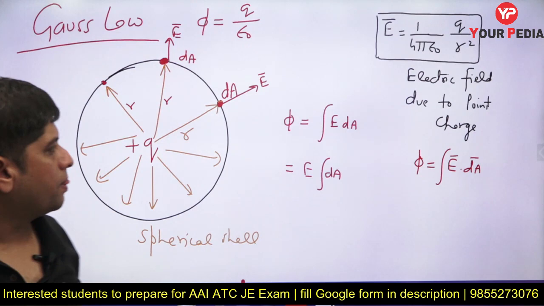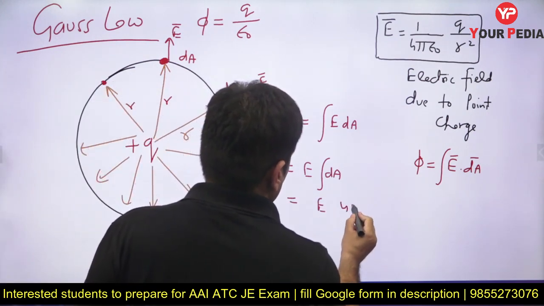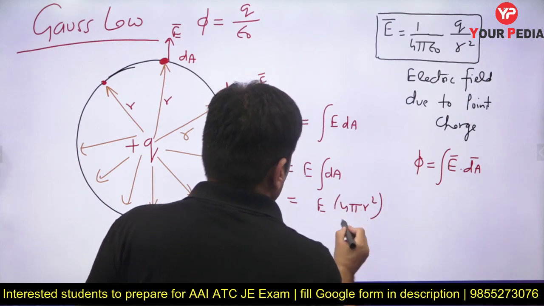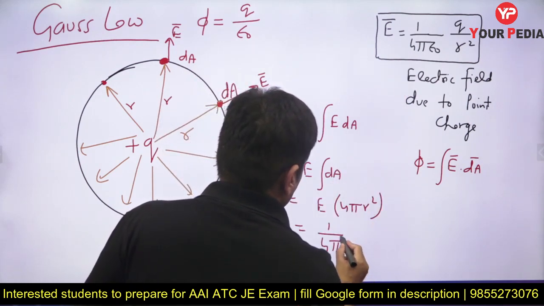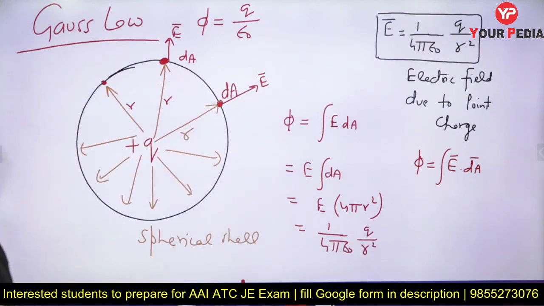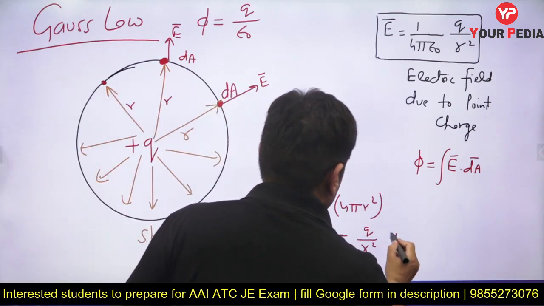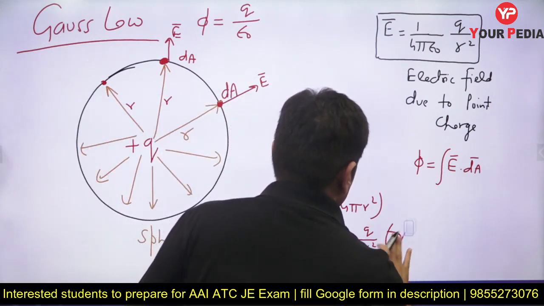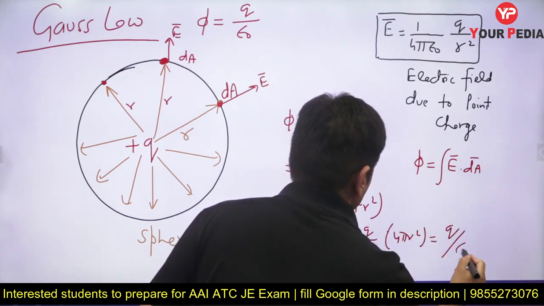What is the surface area of the sphere? 4 pi R square. Now what is this E? This formula, 1 by 4 pi epsilon naught Q by R square, is Coulomb's law for electric field. So multiplying by 4 pi R square, eventually this gives Q by epsilon naught.